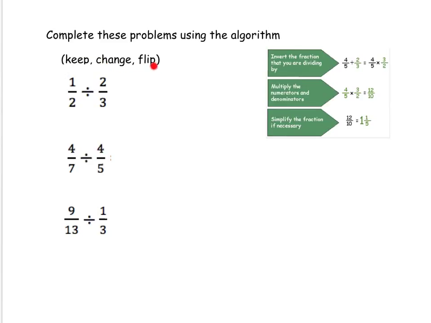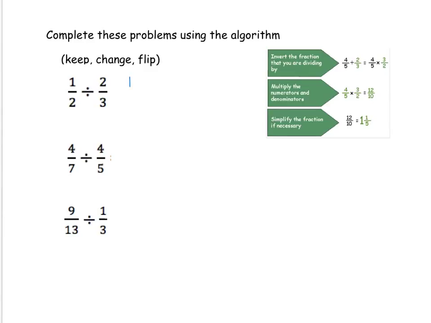Another way we can think of this, and you might have heard this before, is keep, change, flip. So we're going to keep the first number. You never, ever change the first number. Change this to multiplication and flip this and then multiply.